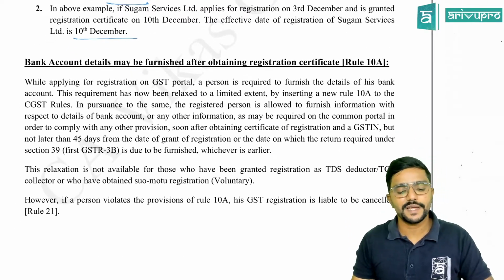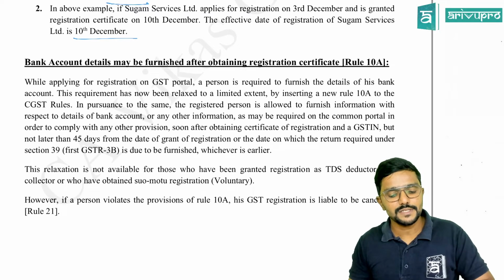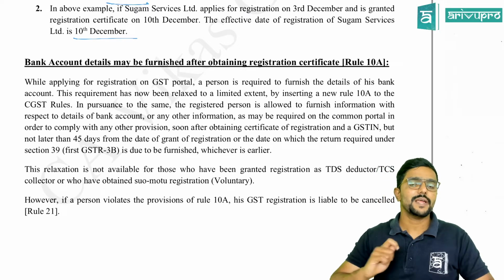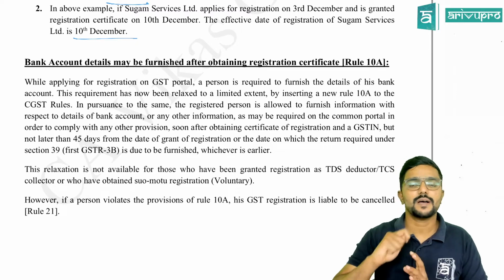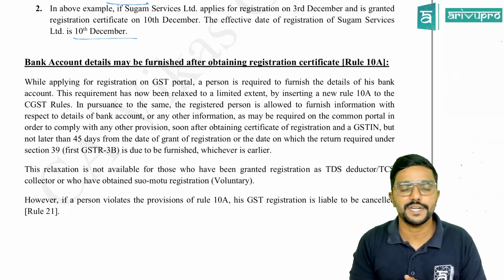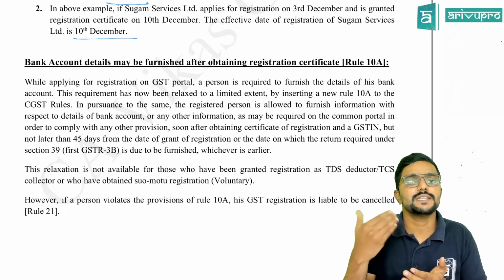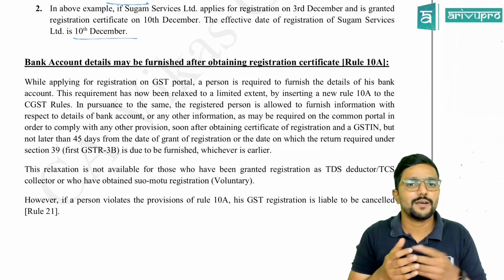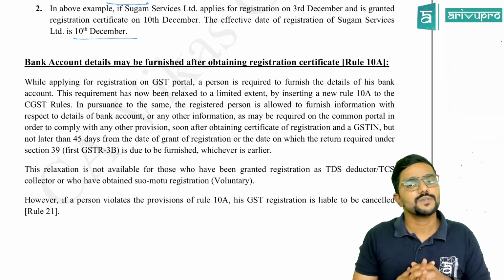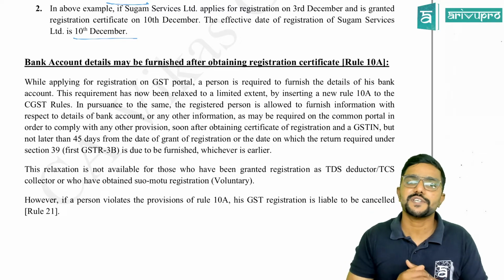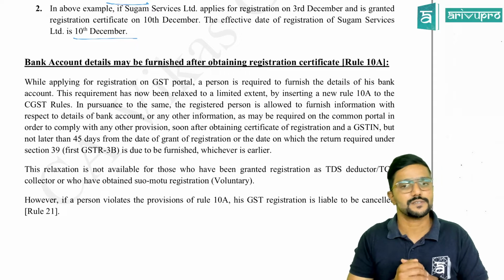Then coming to Rule 10A. See guys, when a person is applying for registration, in his application itself, he will normally give the bank account details. But if I am the person who is starting the business newly and I have not yet opened my bank account, in that case, can I apply for GST registration and get it done without bank account details? Yes. Okay.